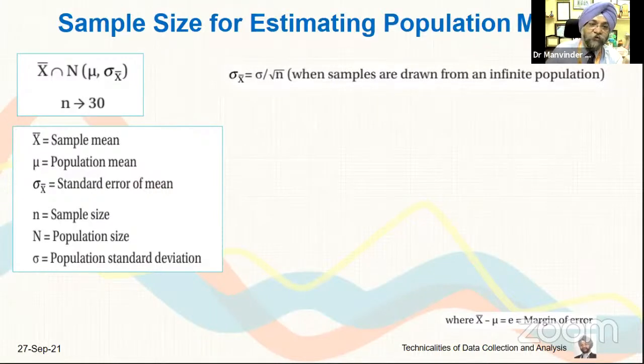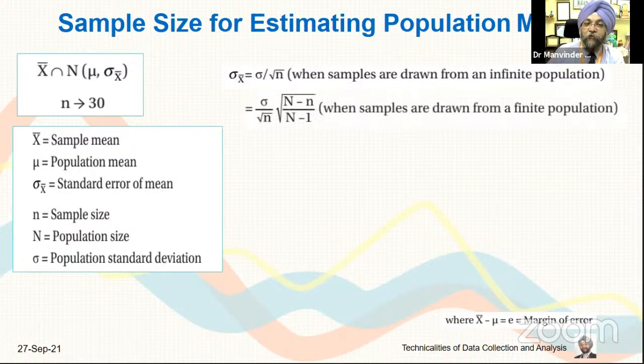Sigma X bar is equal to sigma upon under root of n when the samples are drawn from an infinite population. We consider the population to be infinite, then we use this, right?